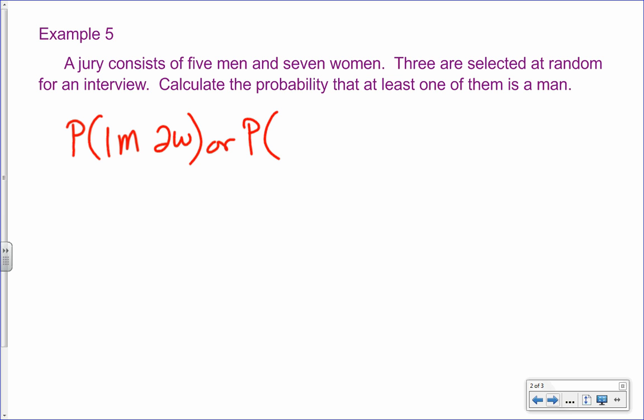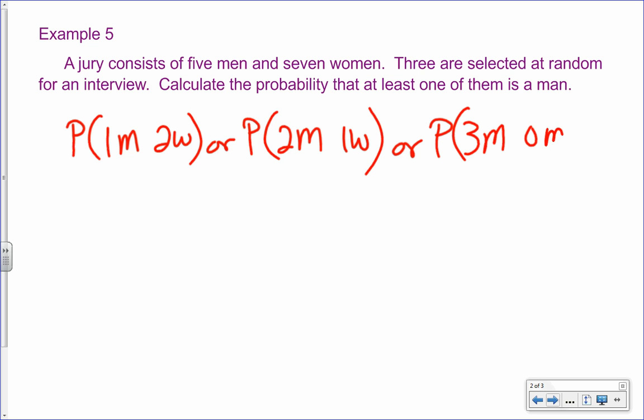Does that meet the requirements? Is at least one of them a man? Or we could do 2 men and 1 woman. Or we could do 3 men and 0 women. With me on that?